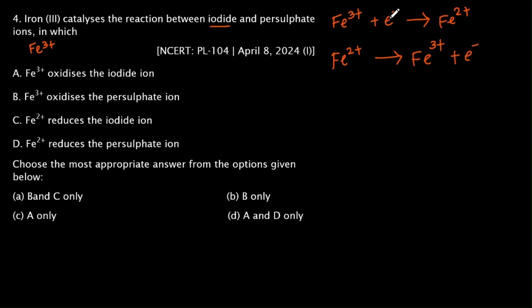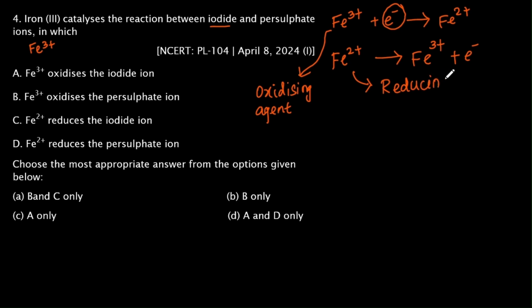So when this Fe3+ is gaining 1 electron and getting reduced, at this time this Fe3+ will act as an oxidizing agent, and when this Fe2+ loses 1 electron, at this time it is getting oxidized, so it will act as a reducing agent.